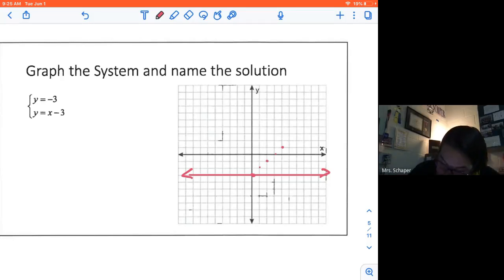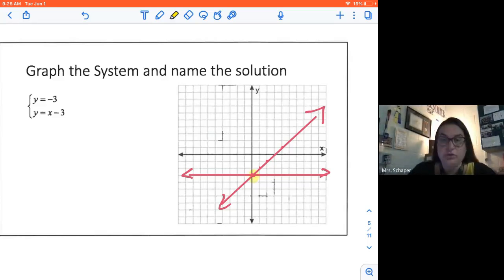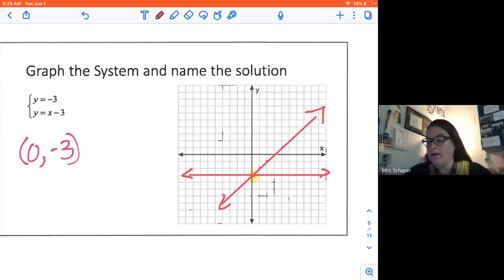And I've got my line drawn. Where these 2 lines intersect, that's my solution. And when I write my solution down, I write it as an ordered pair: 0, -3. So I graphed my 2 equations, I found where they intersected, and here is the answer. They intersect at 0, -3.